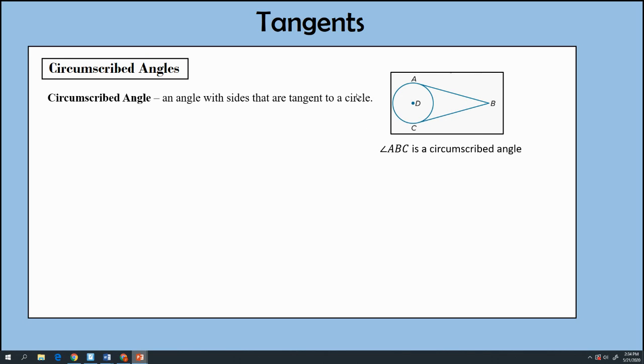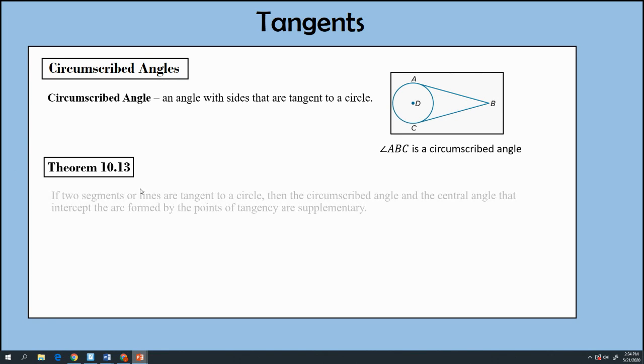Now, there's a special characteristic that we can apply to this concept of a circumscribed angle, and that comes in the form of theorem 10.13. I'm going to show you the definition of the theorem, and then when I show you a diagram and explain it, I think it'll make more sense.